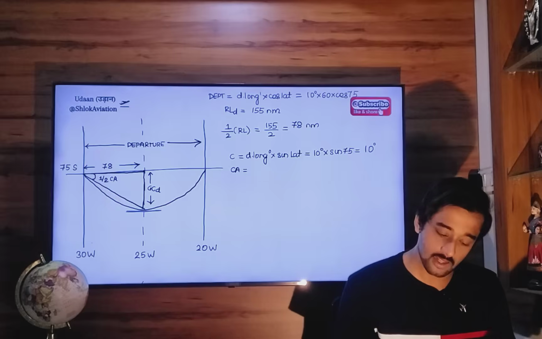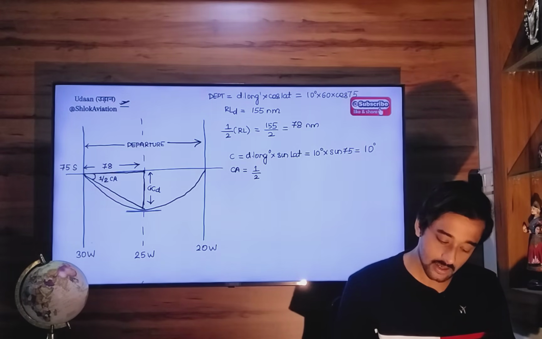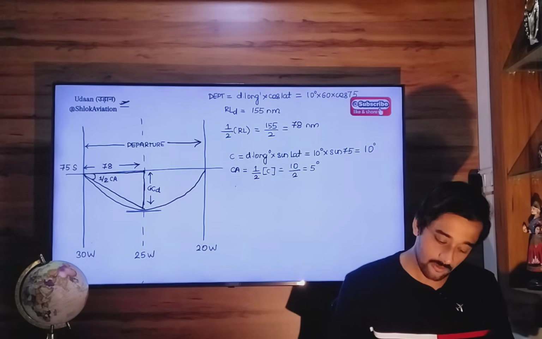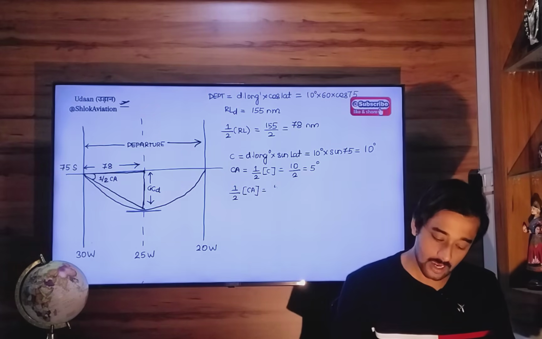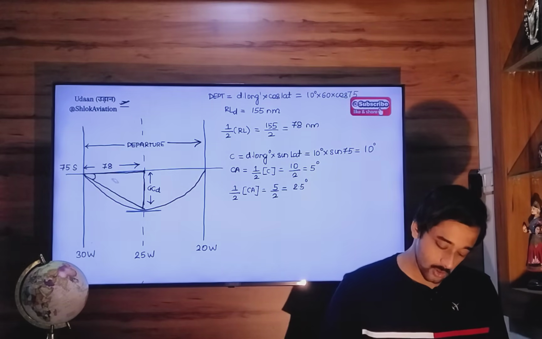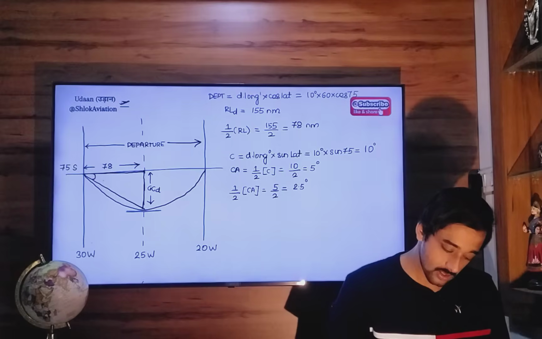So convergency angle will be half of convergency. So 10 by 2, 5 degrees. Half of convergency angle will be again 5 by 2, so 2.5 degrees. So the angle inside the triangle is equal to 2.5 degrees.